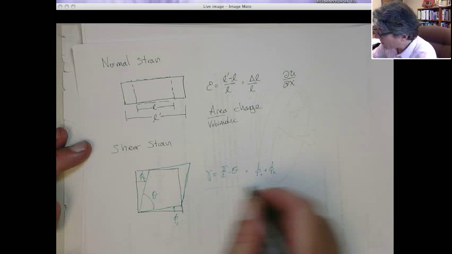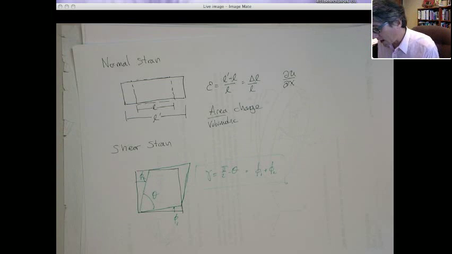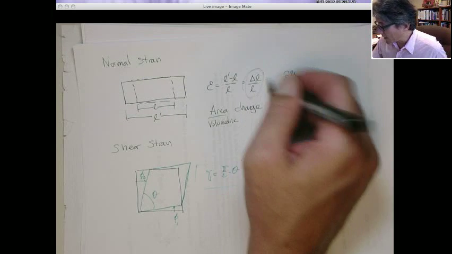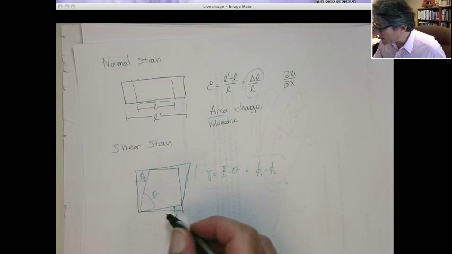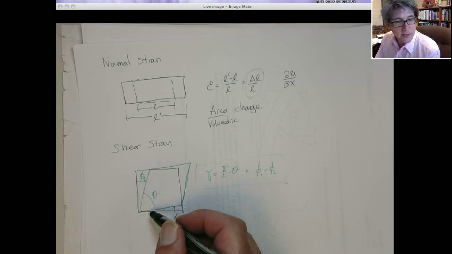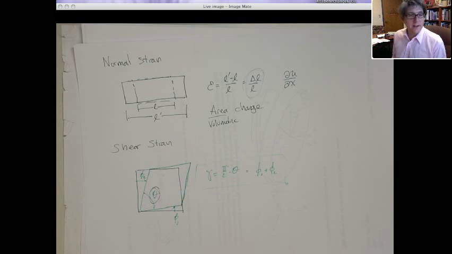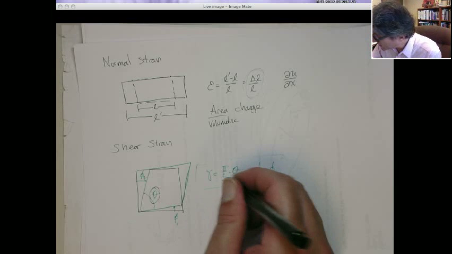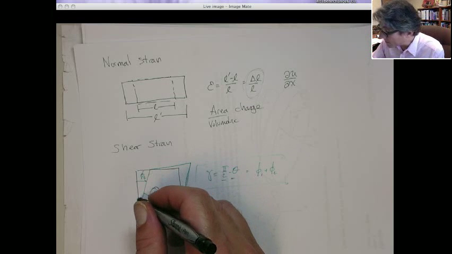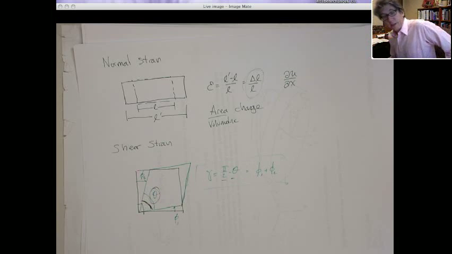And again, you can remember these equations, but I'm not a big fan of memorizing equations as much as I think this is a concept. So the normal strain is the amount of stretch, change in length over length, and the shear strain is the angle change off of 90 degrees. So something that's originally 90 degrees, how much does the angle change? It changed to this amount theta, okay? So the change is 90 degrees, or pi on 2, minus that angle. That's what it is.